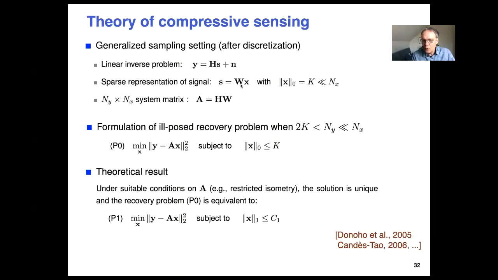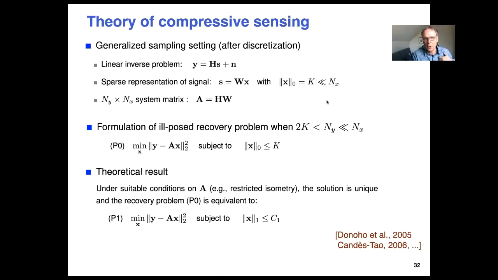So W here could be a wavelet transform, and x would be the expansion, the wavelet coefficients. And when you say that the wavelet transform is sparse, it means that the L0 norm of the wavelet coefficients, which just counts the number of entries that are non-zero, should be a certain number K, which is much smaller than the total dimension of the wavelet transform.